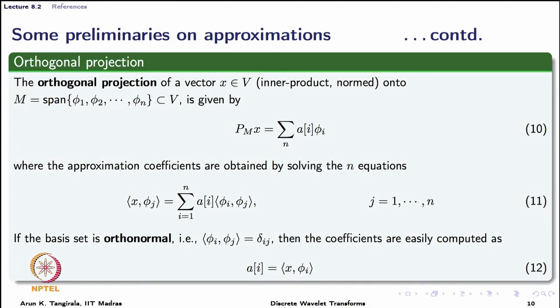If I take any vector x which is in a vector space for which the inner product and the norms are defined, then the orthogonal projection of x, projection is always about projecting a vector onto some other subspace, right. So, I am here projecting a vector x, for which a norm exists and for which I can compute inner products, onto a subspace.